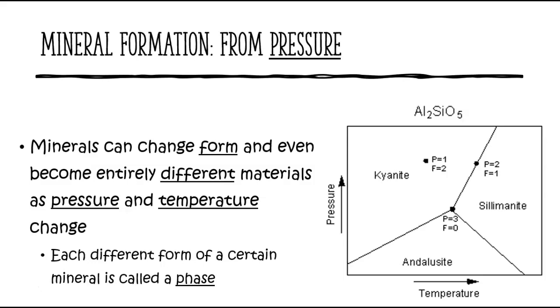And this particular mineral, depending on how much pressure it has endured and what temperatures it has gone through, might be known as kyanite or andalusite or sillimanite. So it can be any of these things here, depending on what it has experienced for pressure and temperature.